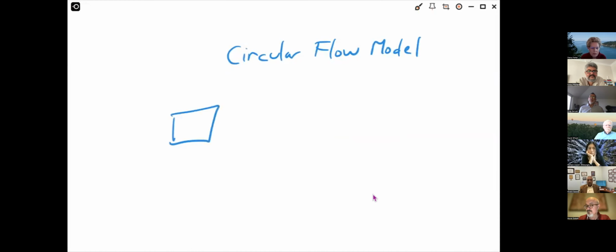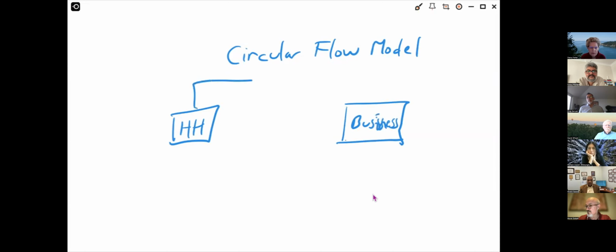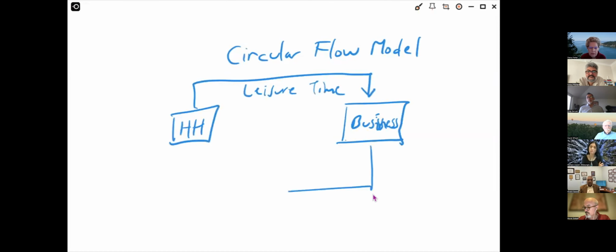On one side, there are households, and on the other side, there are businesses. And there is a flow of labor time from household to business. In return, there's a flow from business to household, goods and services, in very simple terms.